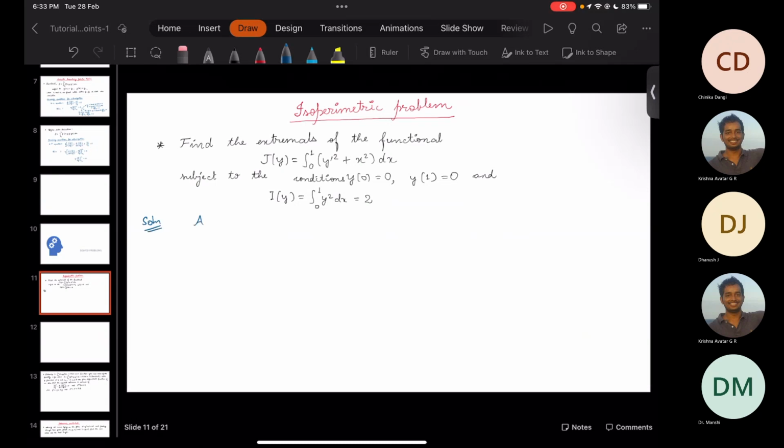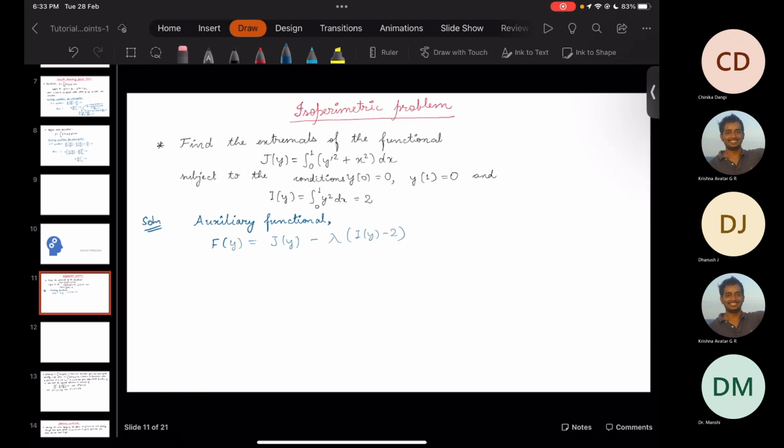We call it F of y, which is equal to J of y minus lambda times (I of y minus 2).